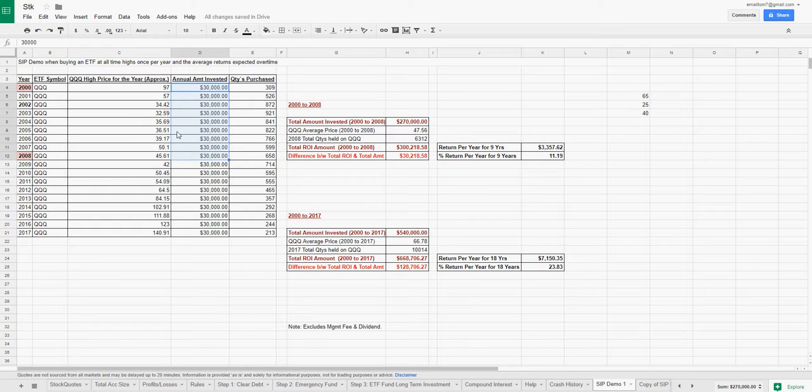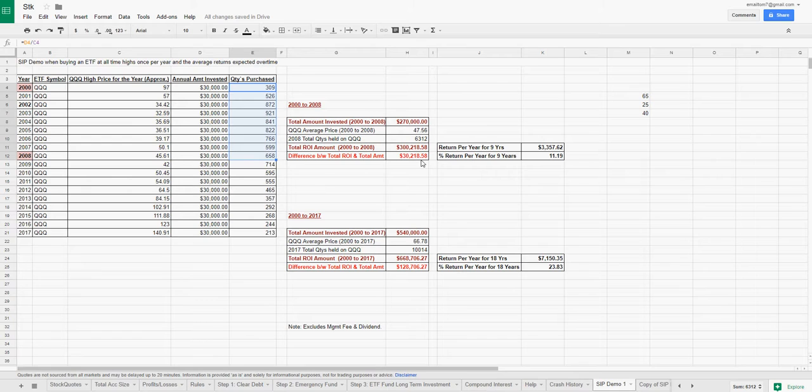My average price was 47.56, and the quantities I purchased with that many dollar amounts were 6,312, and my total ROI was 300k something. I'm just going to say it as 300k. And what was the difference that I got between these? 30k I got, right?